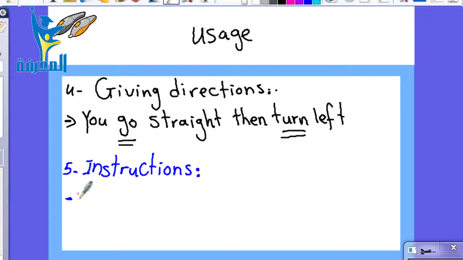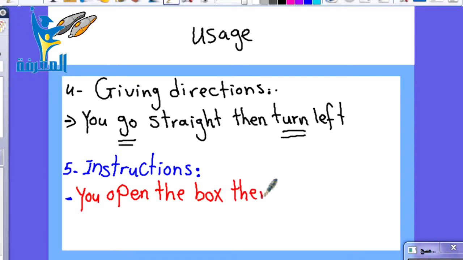He will say that the leaflet tells him: you, the buyer of this machine, open the box, then you press the green button.